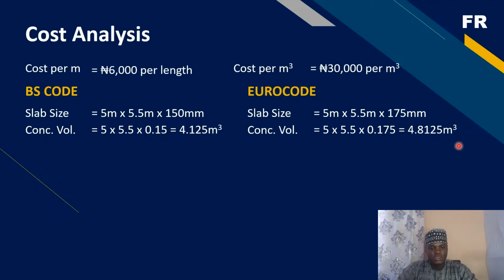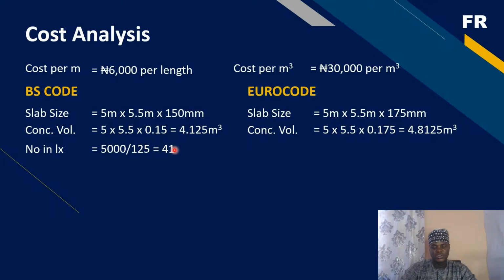So let us now look at the number of reinforcements we are going to have. In the short span, the short span is 5 meters. We are neglecting the beams in this case. So 5 meters divided by the spacing of your reinforcement, that will give you 40, but you need to add 1. So we have 41.